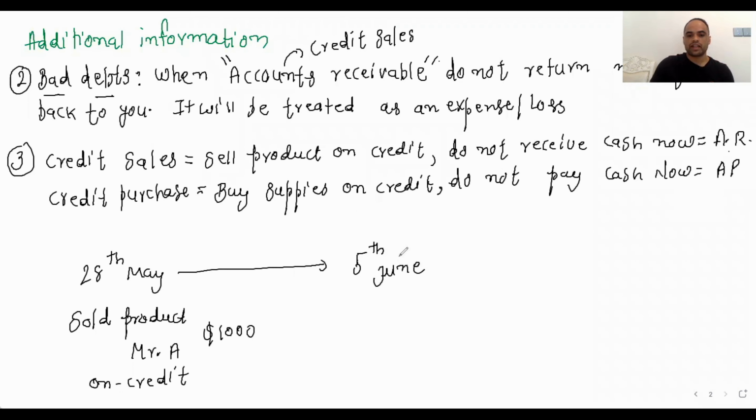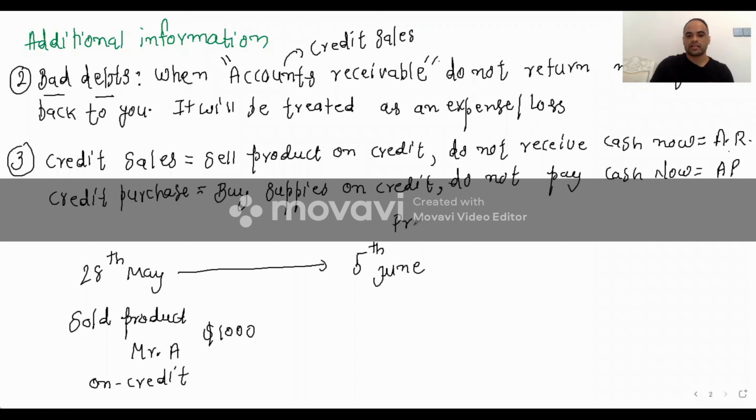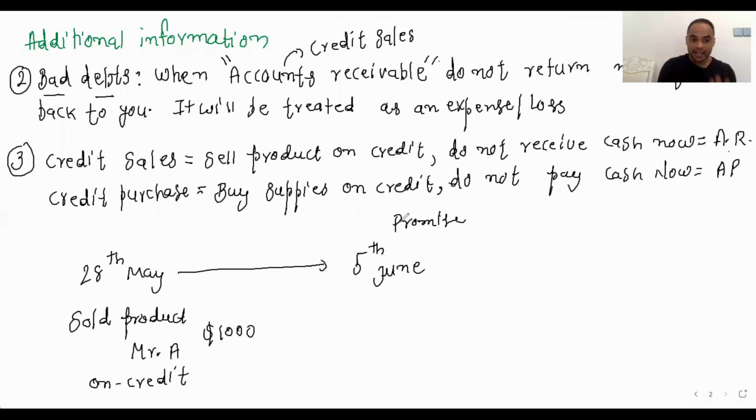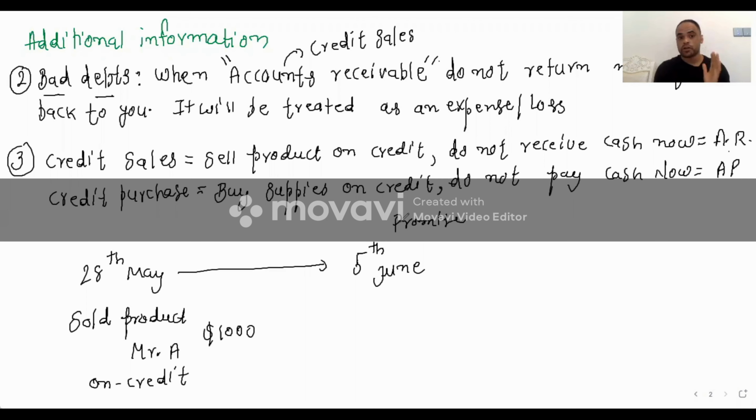So Mr. A gave us a promise to return money on 5th of June. On 5th of June, we will understand whether Mr. A is bad debts or not. But right now, Mr. A is not bad debts because he will give us money next week, not now. Now we just sold product on credit.